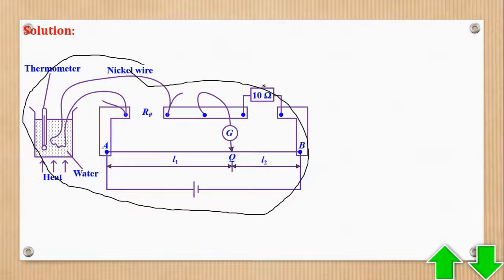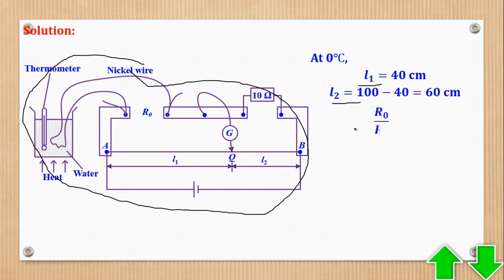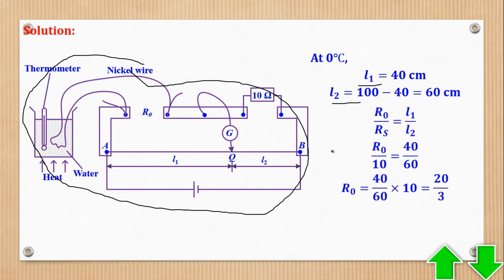So if you mastered it, you could bypass the whole of this diagram and start by saying at 0 degrees, L1 is that, L2 is that, then quote the balance condition, substitute, and make R naught the subject. So this is what they want. They don't need this diagram. I'm just redrawing it to show you how this balance condition comes about. But when you have grasped the concept, endeavor not to draw this because it will consume a lot of time, yet time will never be there in an exam.